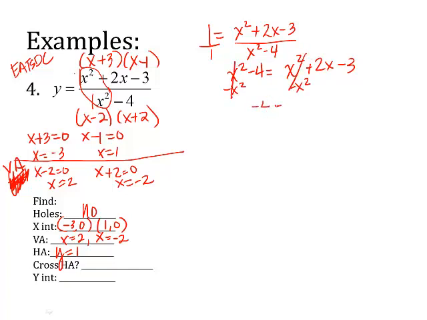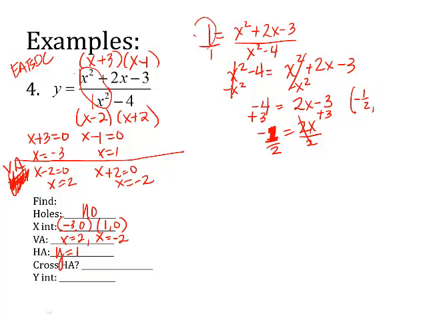So I have negative 4 equals 2x minus 3. I'm going to add 3 to both sides, I get negative 1 equals 2x. Divide by 2. So x is negative 1/2.